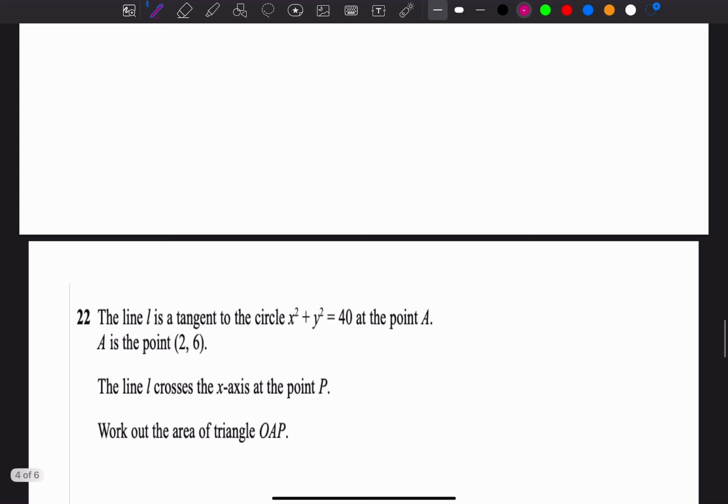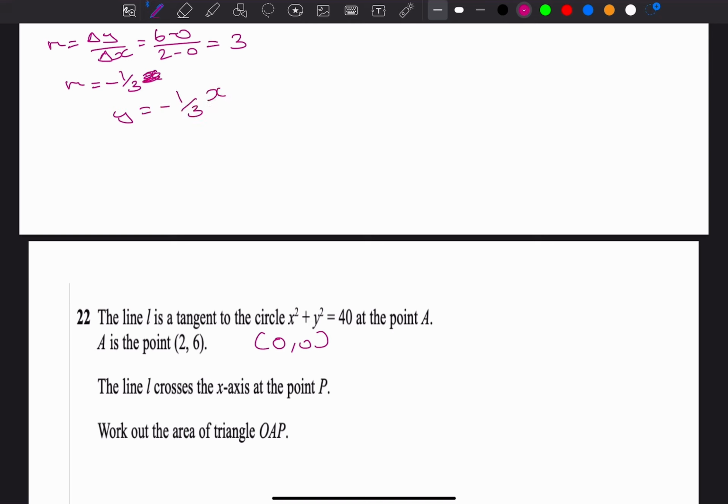Okay. So you know the center is 0, 0 because they haven't specified. So m equals change in y over change in x, which is 6 take away 0 divided by 2 take away 0, which is 6 over 2, which is 3. But you don't want that gradient, you want the other one, y equals minus 1 over 3x. Y equals minus 1 over 3 x plus c.